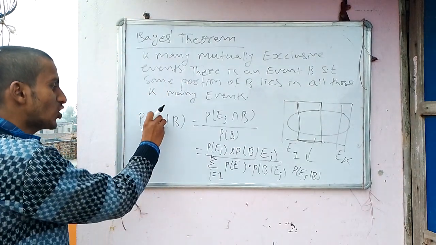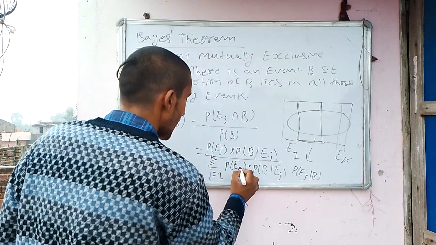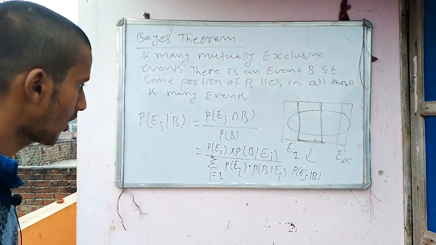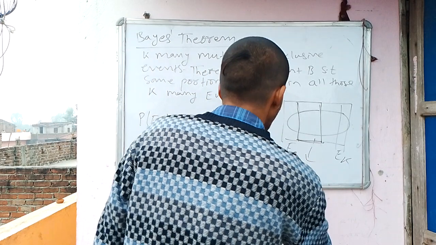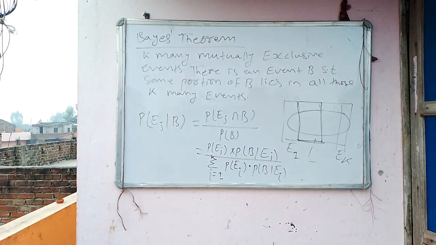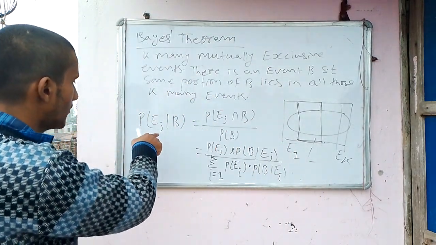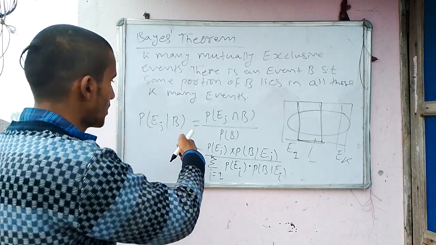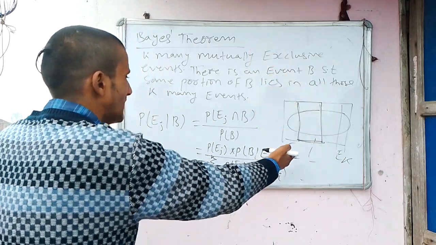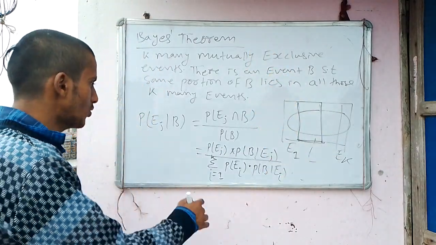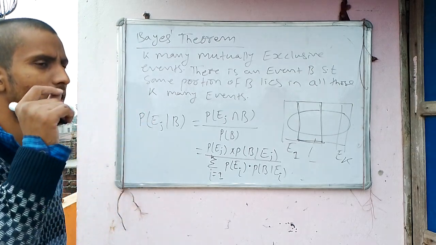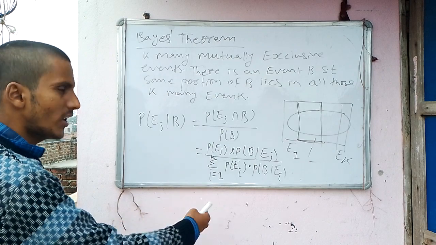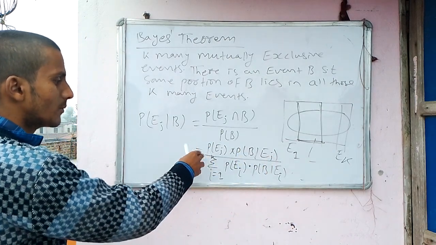This J is not changing; it is for any specific J, any of those K events, say probability of E1 given B, or maybe E5 given B. That J is a constant, but this I is a variable, changing as I is equal to 1, then 2 till K.